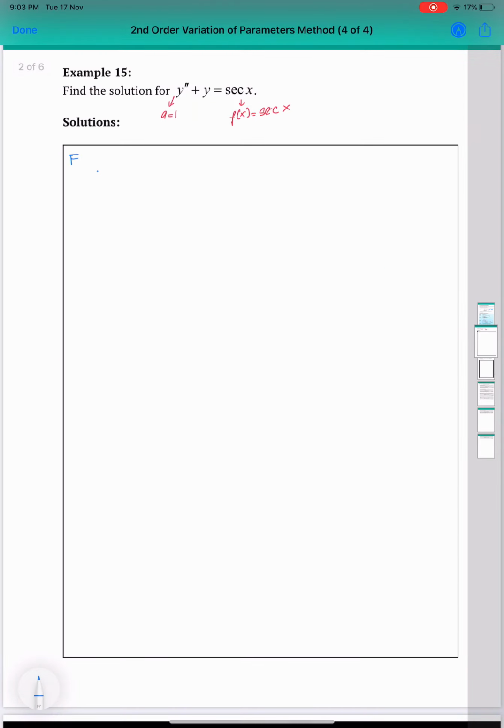So find yh. Again, be very careful when writing your characteristic equation. You see here you have y, not y prime. So you will have m squared plus 1, not m squared plus m.